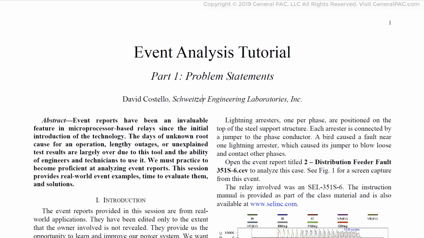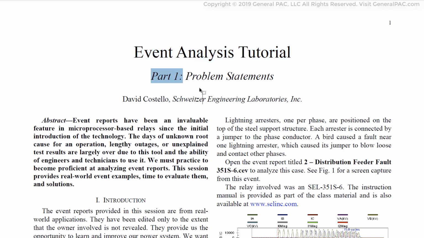Fault analysis using waveforms. In part 1 of this series, we're going to do something just a little bit differently this time. In this series, we're going to look at a particular article by Schweitzer Engineering Labs. The author is David Costello, and the article is called Event Analysis Tutorial, and we'll be going over this tutorial.